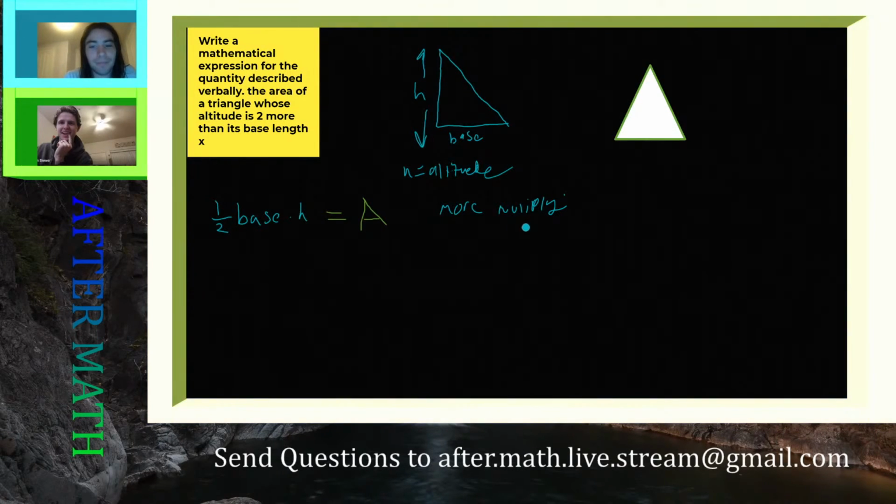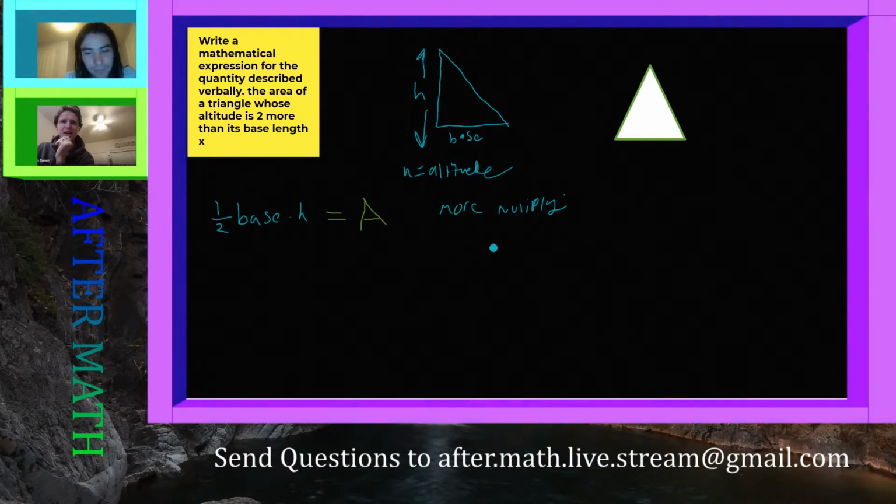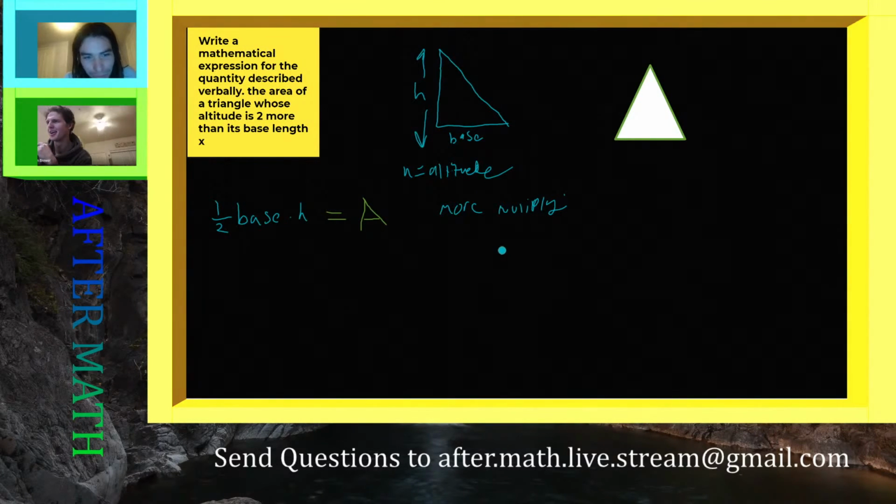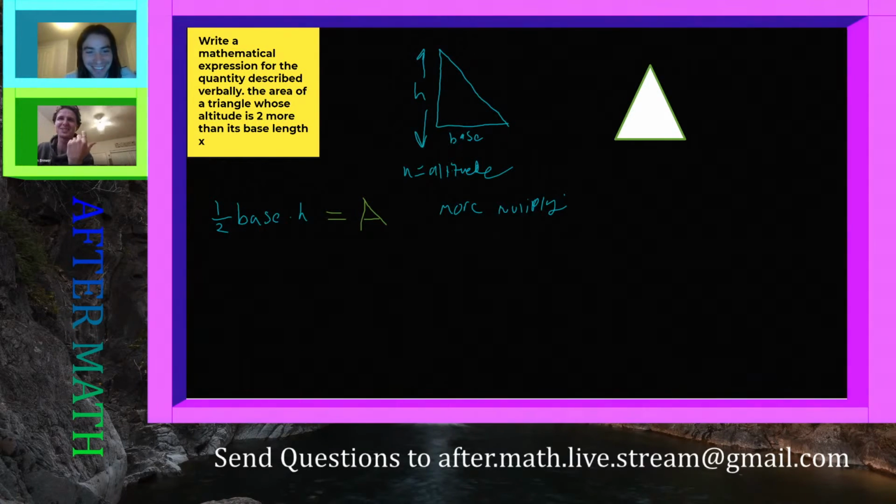Are you sure that is multiply? It says two more, not two times more. Jaden, I don't know about that. Explain why. Because if I give you two more of something, don't you just get two more? So isn't that addition?